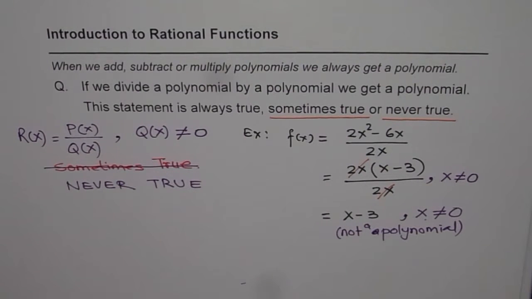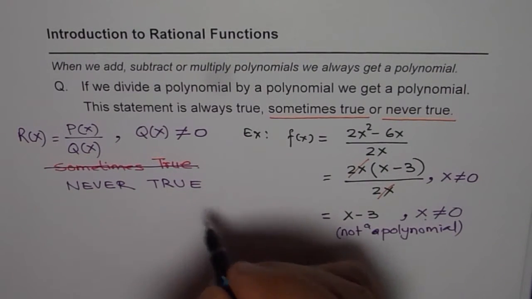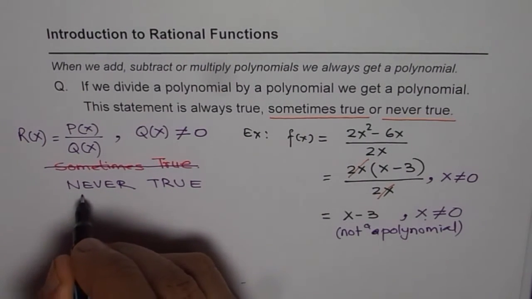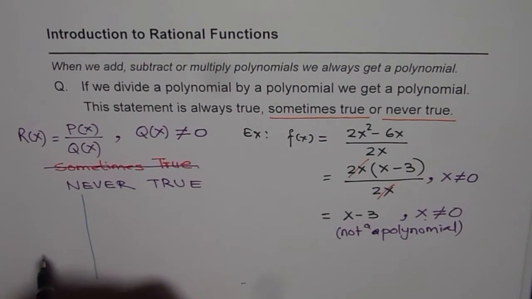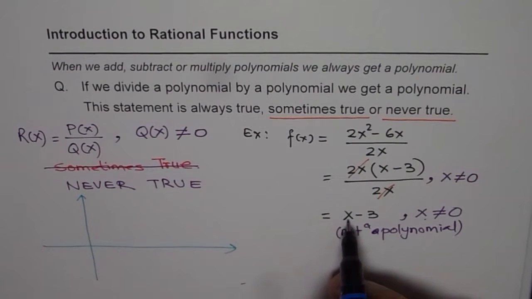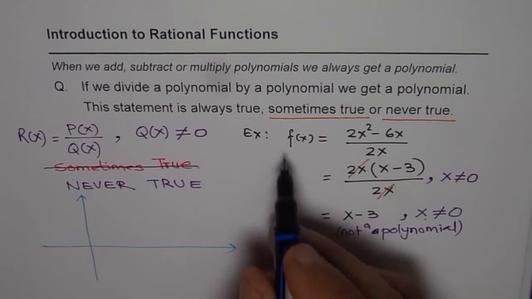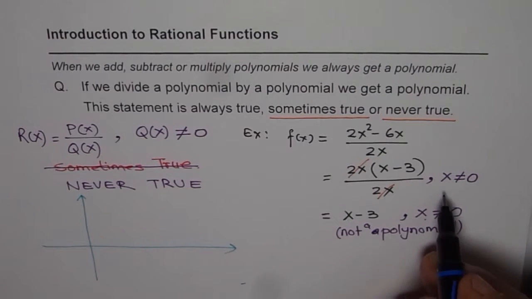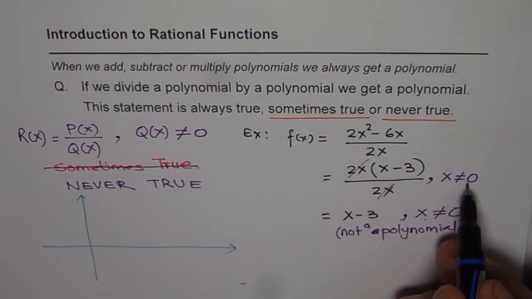Now, let me also sketch the graph and show you how it will look. And we'll explore these kinds of examples in the coming videos. But this is a very basic one for you to understand, and I think it is very important. So we get here the statement x minus 3. So f of x is x minus 3, and the restriction is that x cannot be equal to 0.